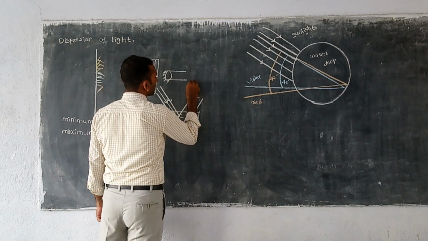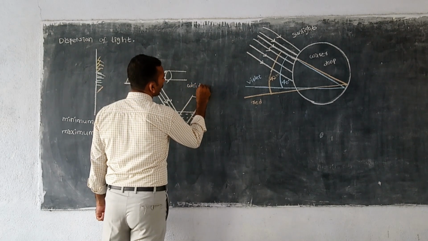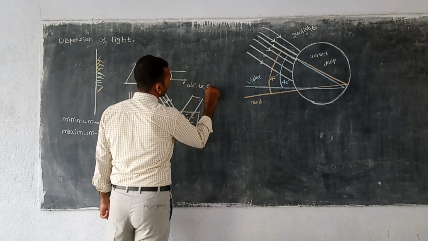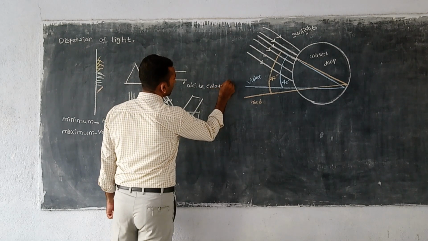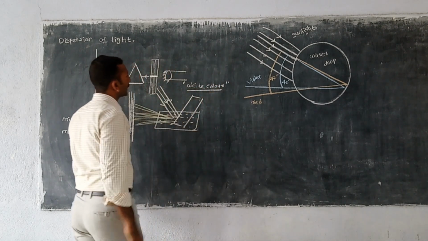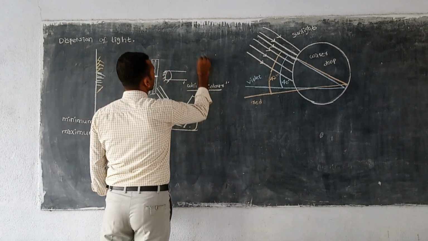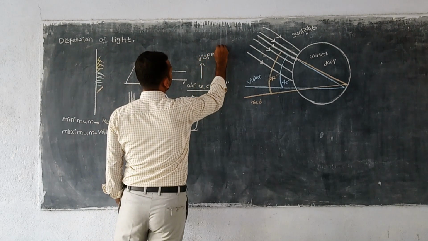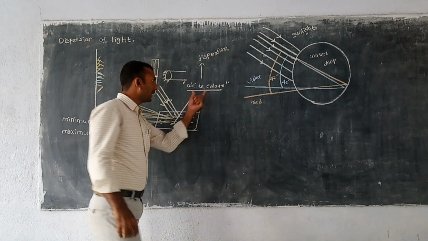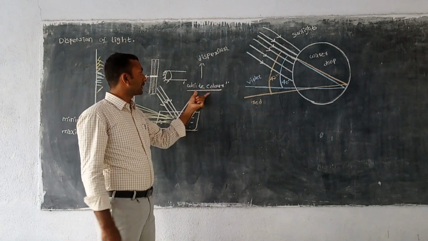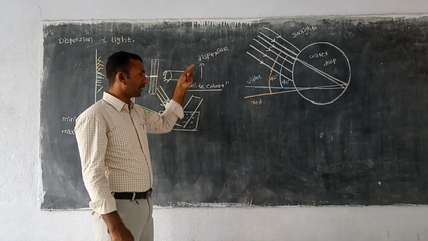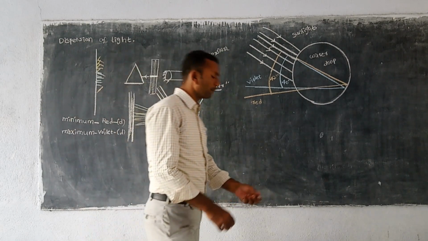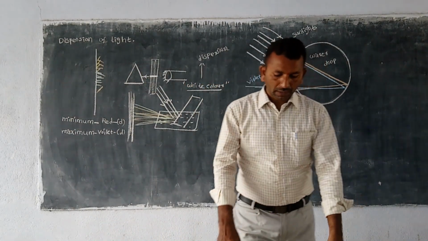So the splitting of white light into different colors is called dispersion. Only white color is dispersing into different colors, and this phenomenon is called dispersion of light.